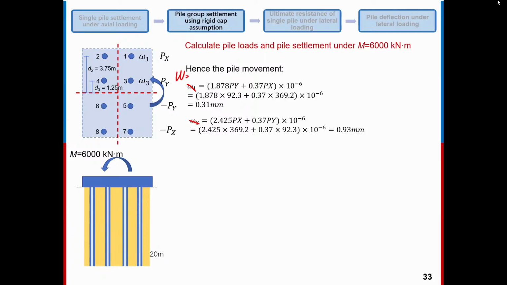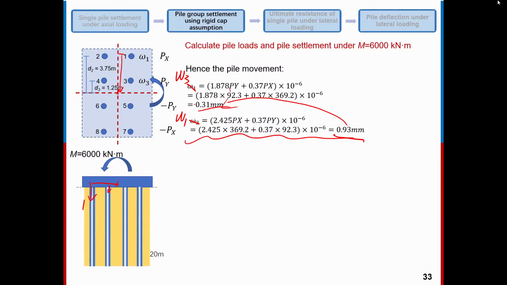The first one is omega 3 and this one is omega 1, because pile 1 is farther away from the rotation center, so we can imagine that its settlement will be larger than the settlement of pile 3. So here you can see omega 1 is 3 times larger than omega 3. So we get this result.